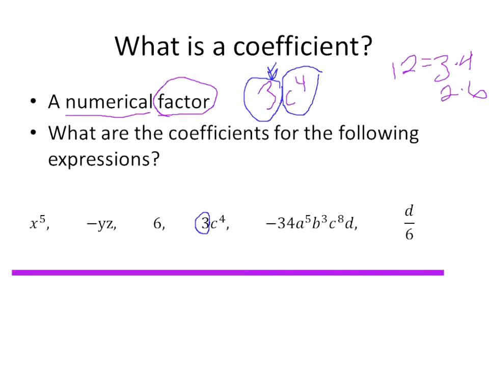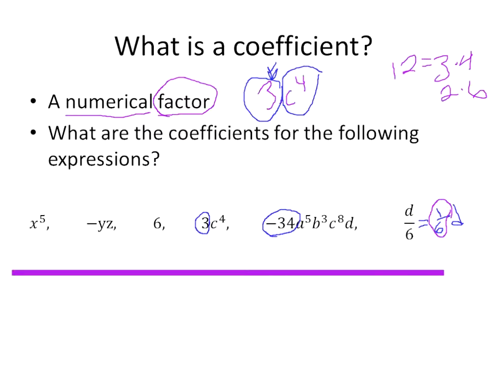Here we've got a negative 34. And this one we kind of talked about. Remember, that's the same as 1/6 times d. And if we look at it that way, then we can see that our coefficient is 1/6.